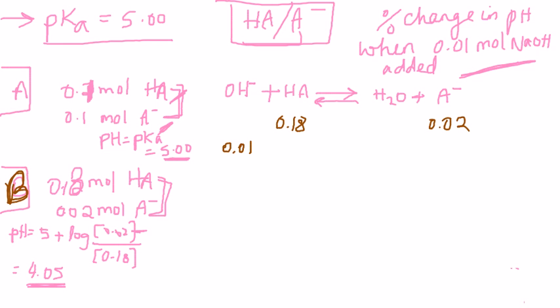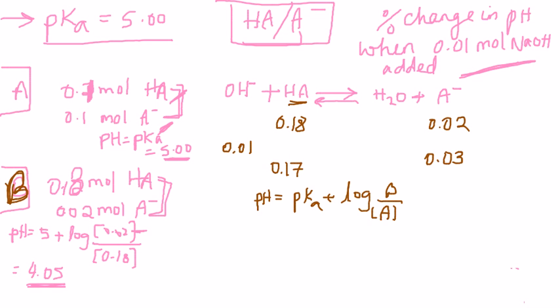Hopefully you can envision that after that neutralization takes place, 0.18 minus 0.01 should be 0.17, which is what should get generated for the HA, and we have additional A minus now. So now if you use your Henderson-Hasselbalch after the addition of the little bit of sodium hydroxide, pKa is still 5.00 plus log of 0.03 divided by 0.17, which comes out to be 4.25.